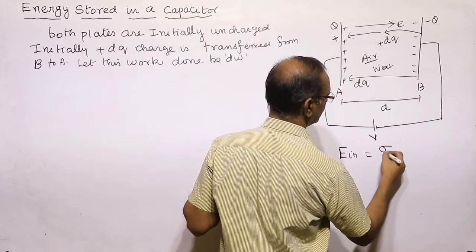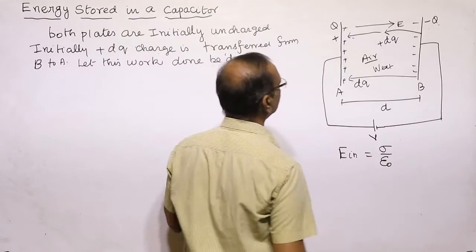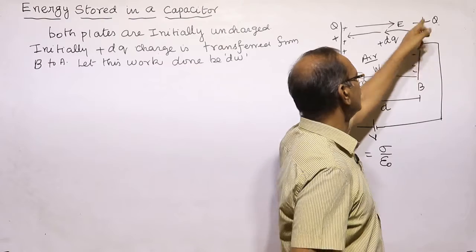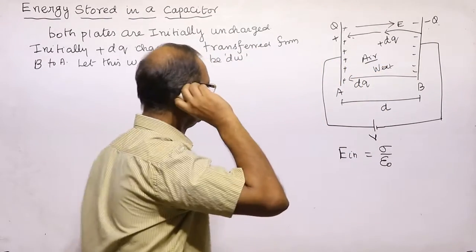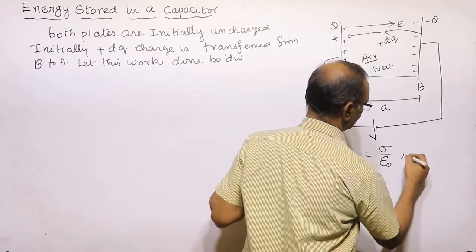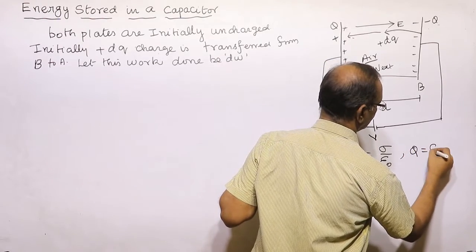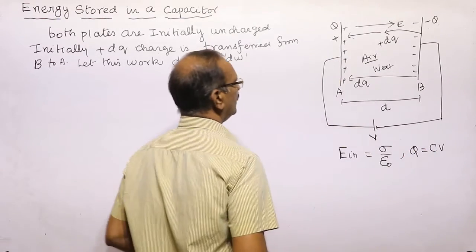E is equal to sigma by epsilon naught, and we know charge Q is equal to C into V, right?